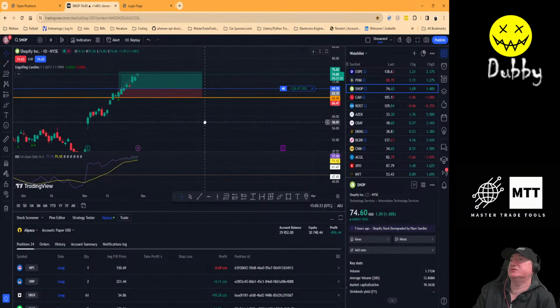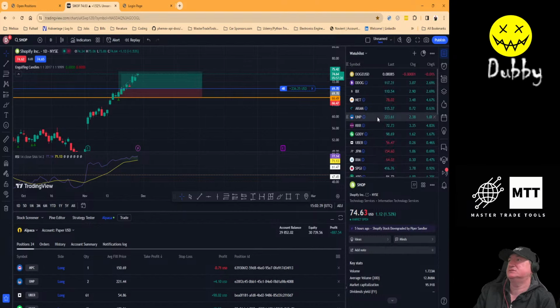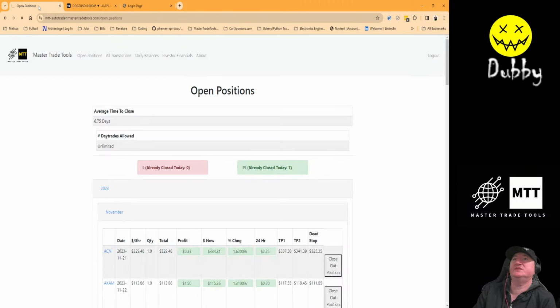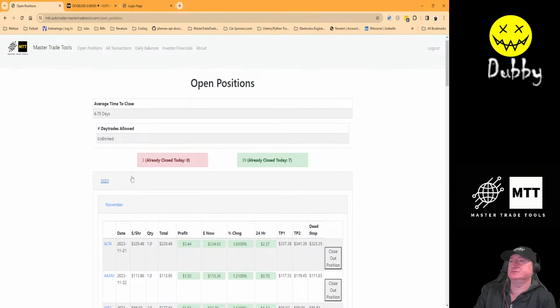God, look at these results. Look at these results and tell me my algorithm is not tweaked perfectly. I have got to get more visibility on this app. 39 in the green, 3 in the red.